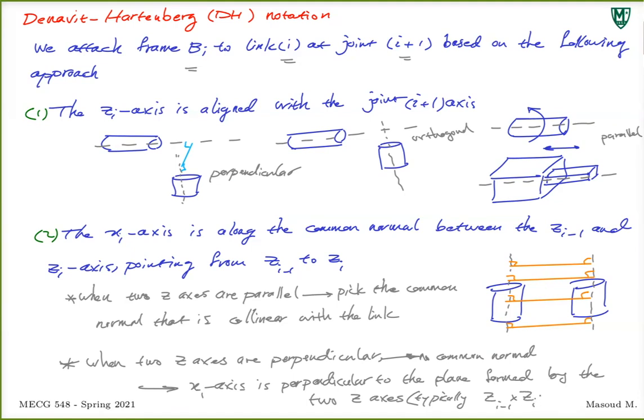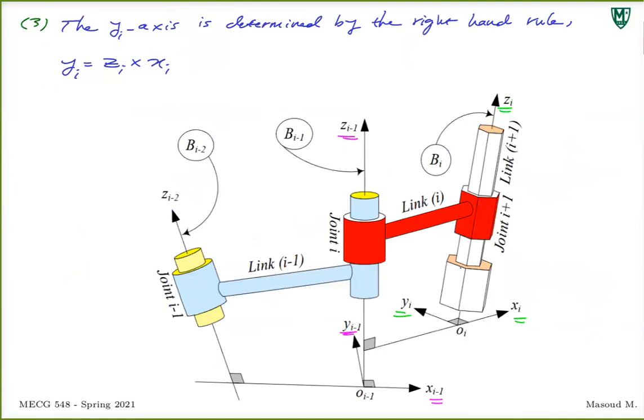So as long as you know z(i-1) and z(i), the direction of x(i) would be the cross product of the plane formed by these two. By the right-hand rule, z(i-1) to z(i), your thumb shows the direction of x. It's not always the rule, but typically that's what happens. And once you know x(i) and z(i), you can find the direction of y(i). It's a right-hand coordinate frame, so z(i) cross x(i) should give you y(i).